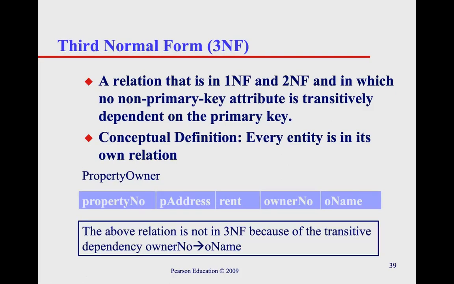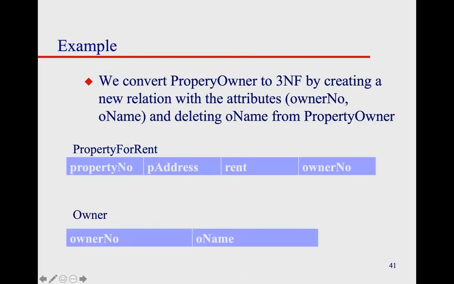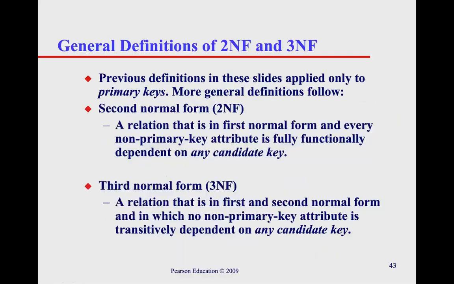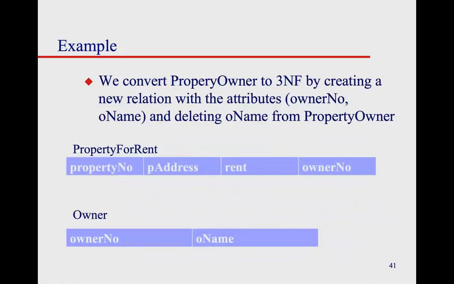The right-hand side attributes are removed from the original relation. So here, the owner number and owner name move to a new relation called owner. And the owner number, you can see, remains both in the original property for rent relation and has moved to the new owner relation. So now everything is in third normal form.